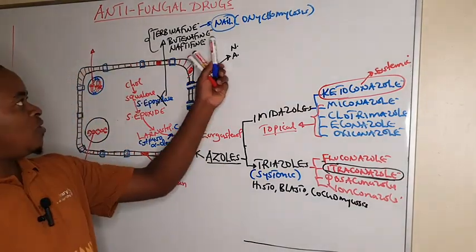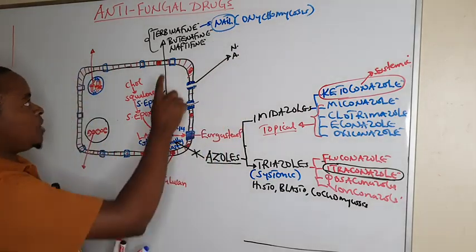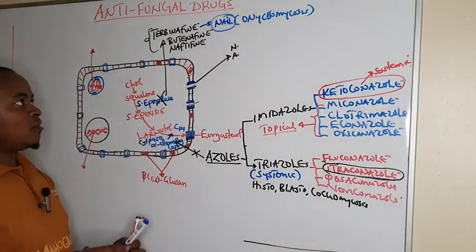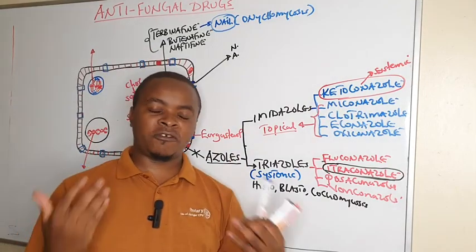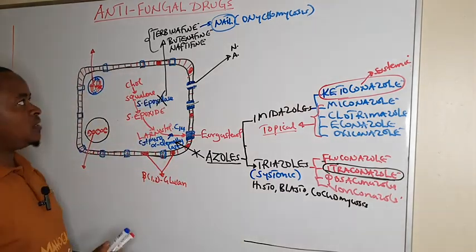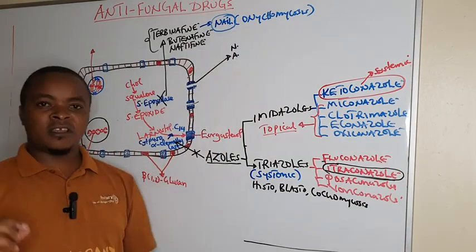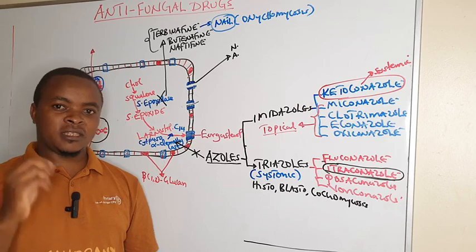So the fungus that affects the nails is treated best using terbinafine, though it can also be used to treat different tinea infections like tinea capitis, tinea pedis, but it is a drug of choice for onychomycosis infections that target the nails.